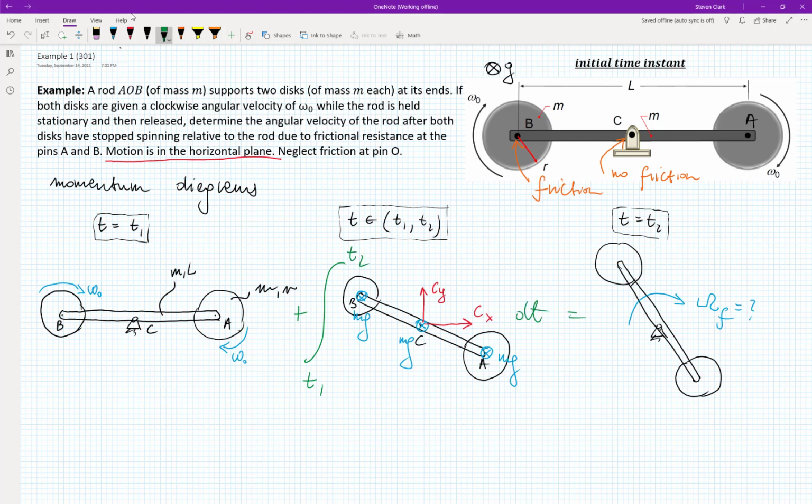And I would like to ask you one more question. I think that the angular momentum of our system is preserved about one point. What's that point? C. And why C?